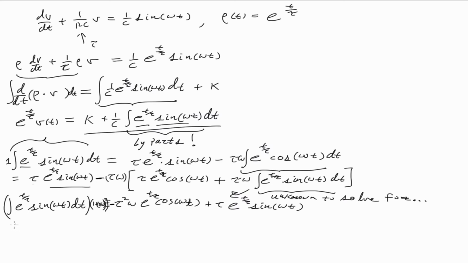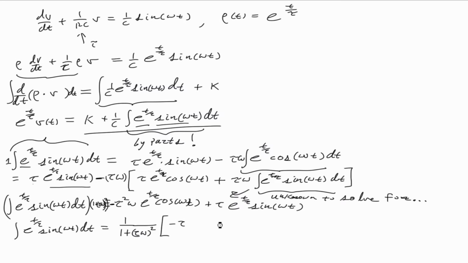But the idea is we're going to divide that through, so the integral of e to the t over tau sine omega t dt is going to be equal to 1 over 1 plus tau omega quantity squared, all times negative tau squared omega.